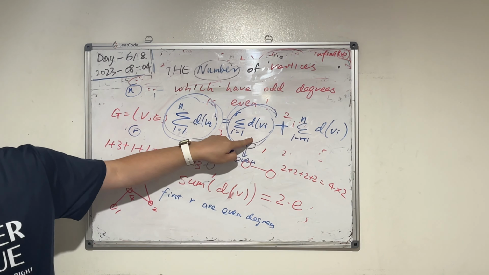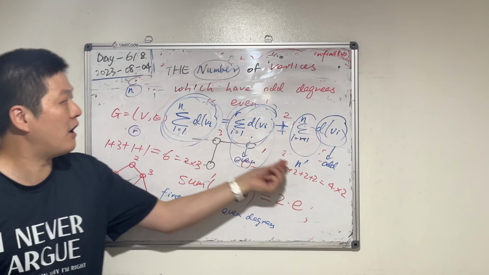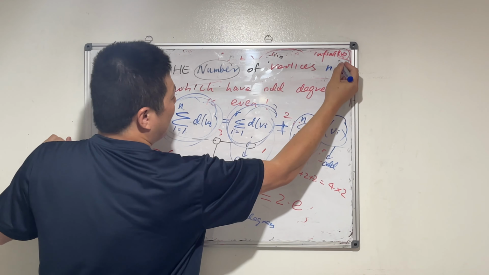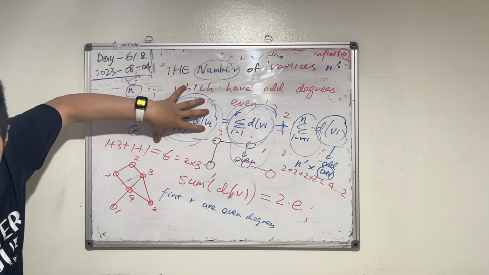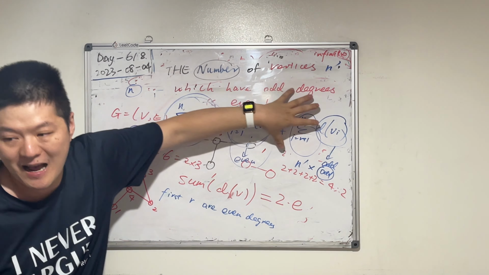So even number equals even number plus n prime times an odd number, where n prime is the number of odd-degree vertices.